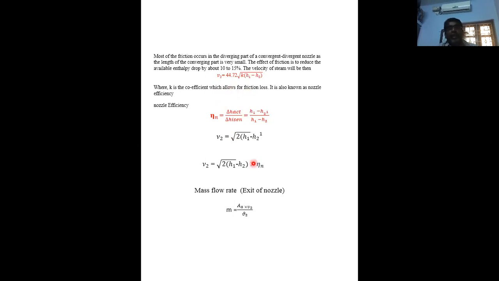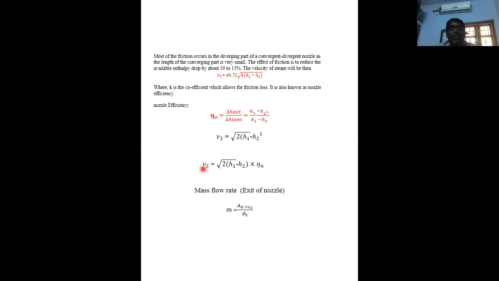If we find the nozzle efficiency, it is delta H actual divided by delta H isentropic. As I already said, based on the Mollier chart, H1 minus H2 is the actual heat drop divided by the theoretical heat drop. We find the exit velocity V2 equal to the square root of 2(H1 minus H2), in joules per kilogram.